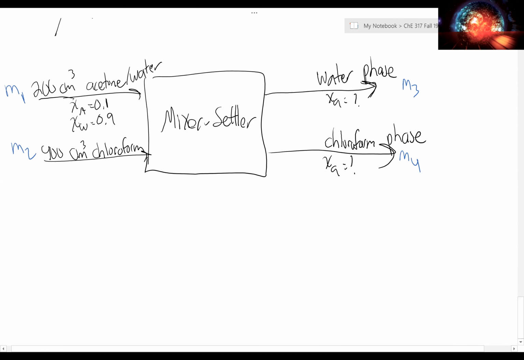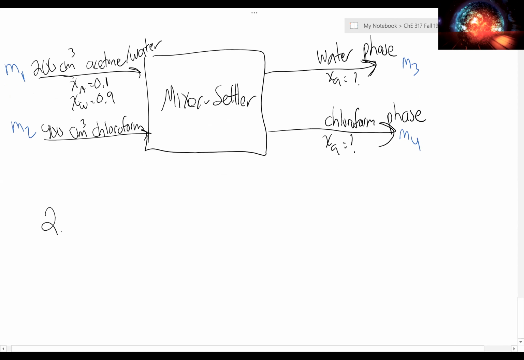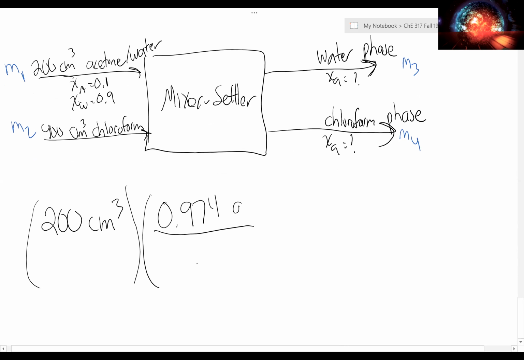So if I have 200 cubic centimeters of my acetone-water phase, and my density was about 0.974 grams per cubic centimeter, that tells me that incoming feed is about 195 grams of my acetone-water mixture.